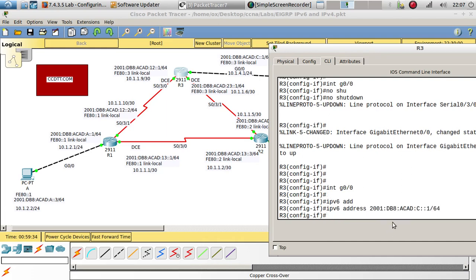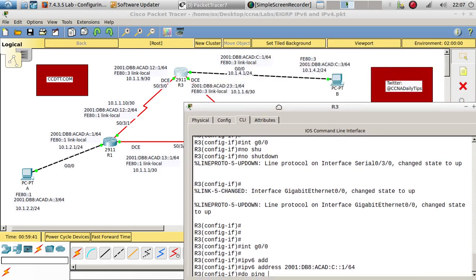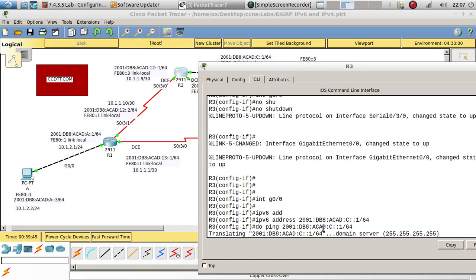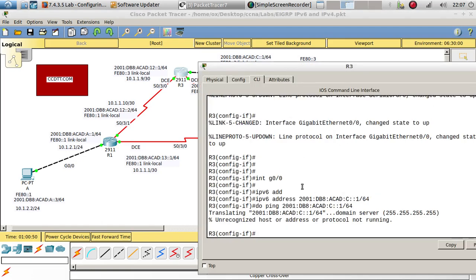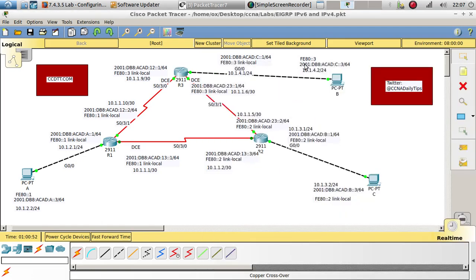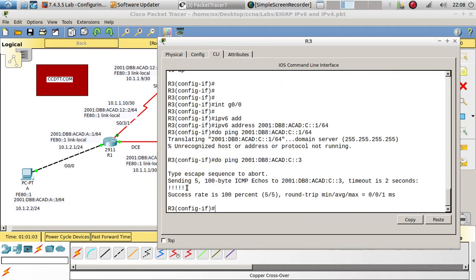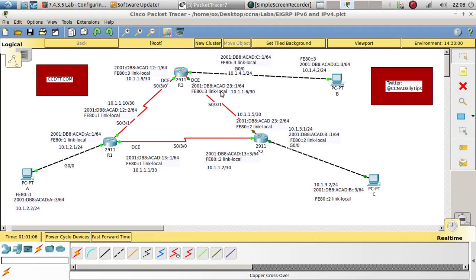Let's paste that here, and now we should be able to ping. Let's try to ping computer 1. Oops, I made an error. We need to ping this IPv6 address. So do ping, and here we go. So we're able to ping that computer.